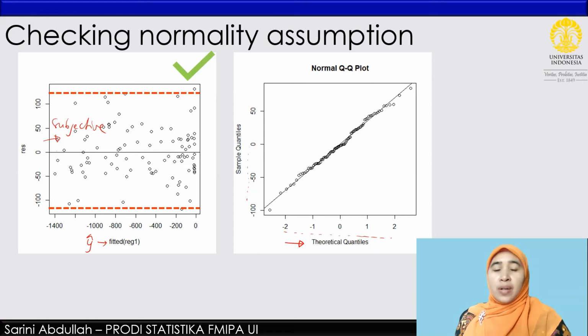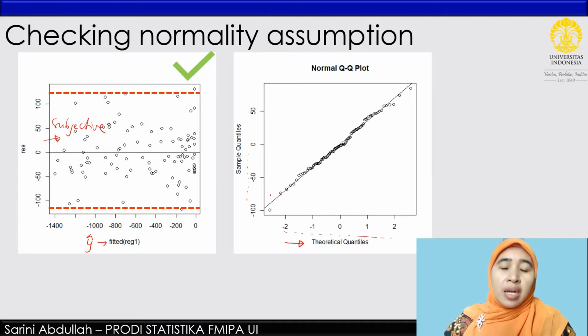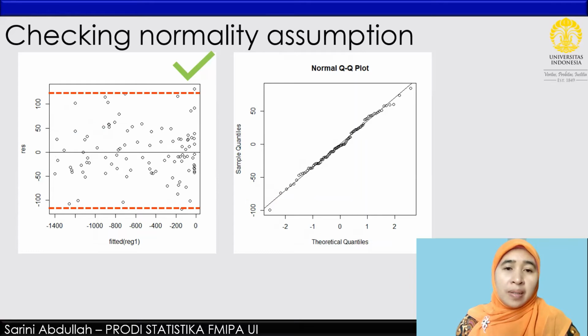So if the normality assumption is fulfilled in our data, then we expect that these points should lie on the straight line here. So deviations of the points from the straight line indicate a lack or violation of the normality assumption.